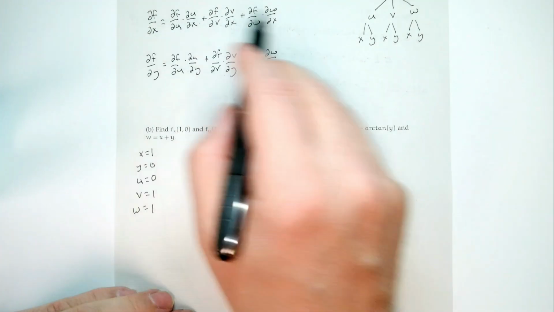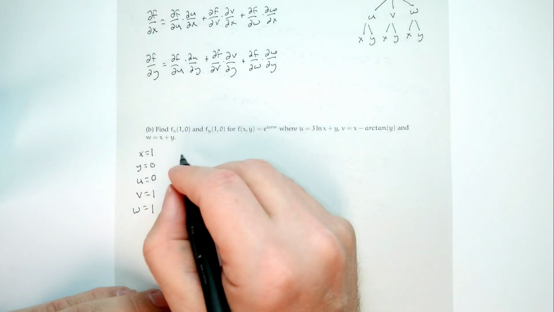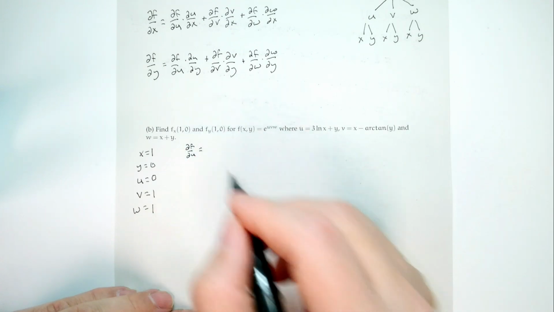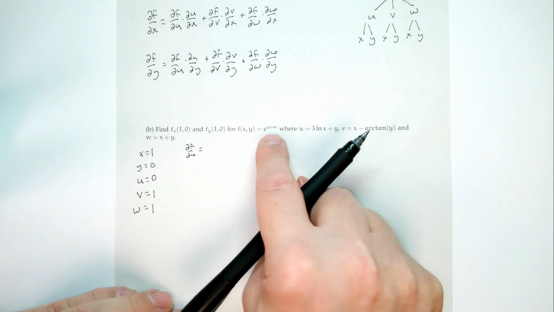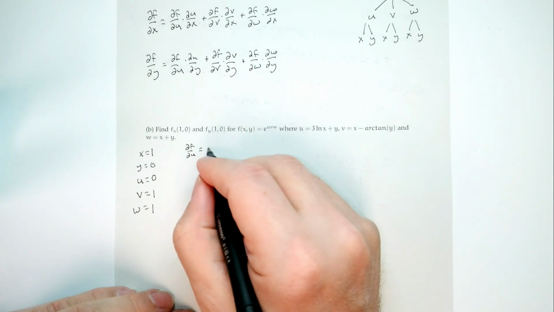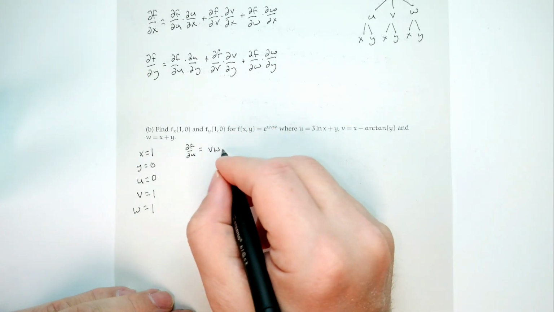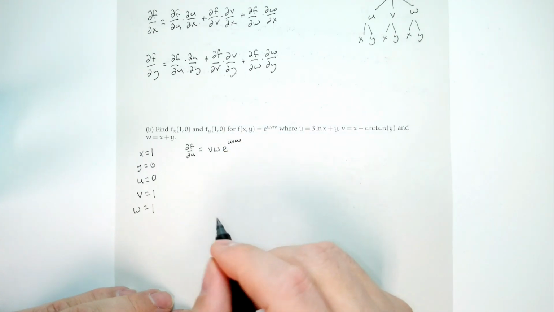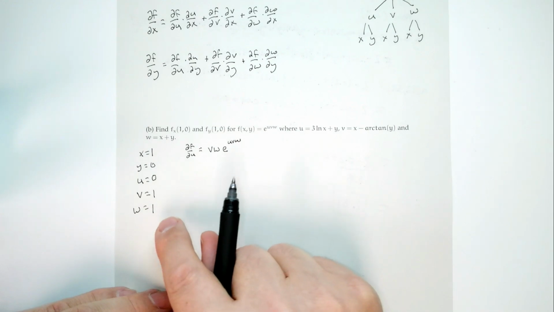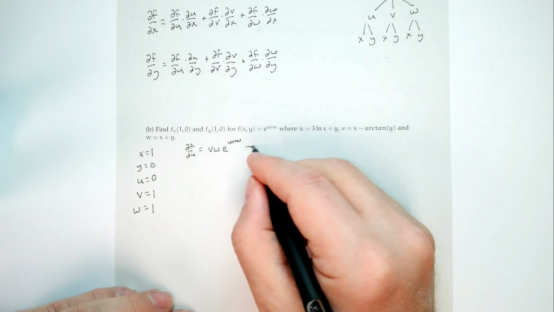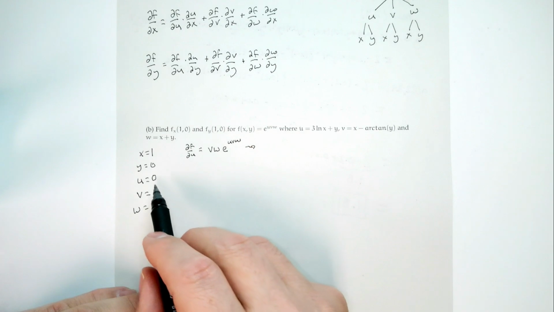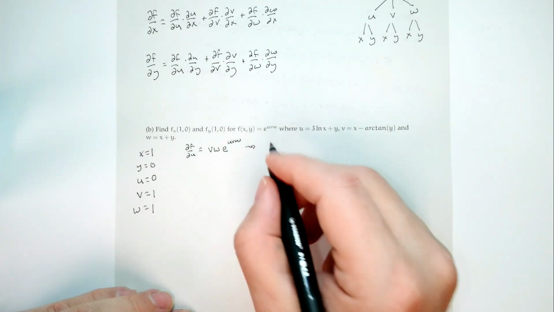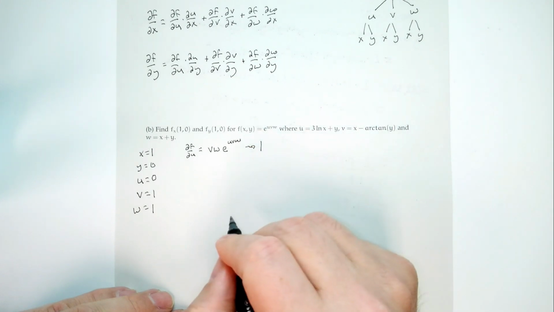Let's find these partial derivatives up here. So what is partial f partial u? Well, taking the derivative of this with respect to u, that would be vw, and then it would be e to the uvw. Now, when we plug this in, remember, u is 0, v is 1, w is 1, so it's 1 times e to the 0, which makes this 1.